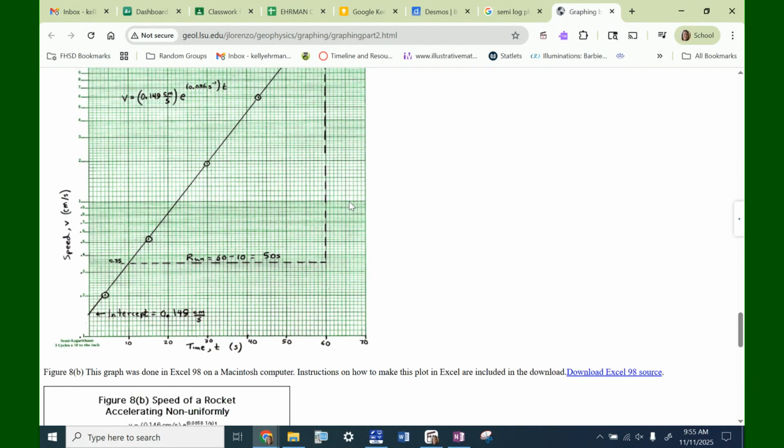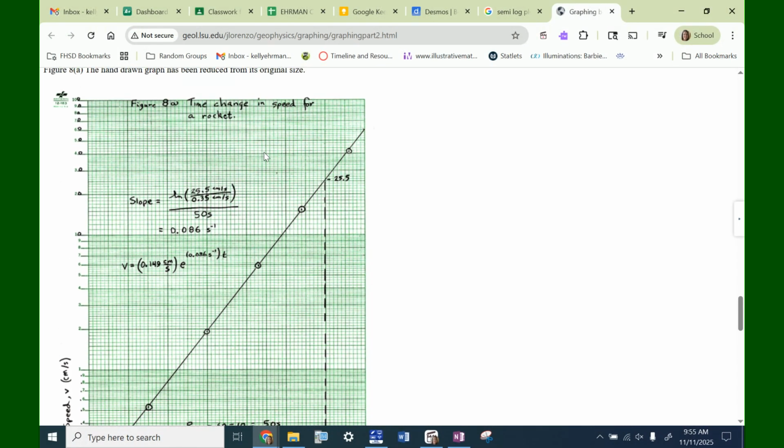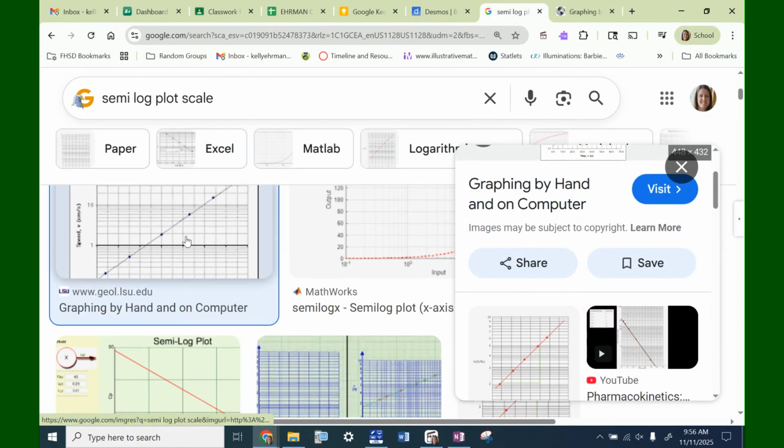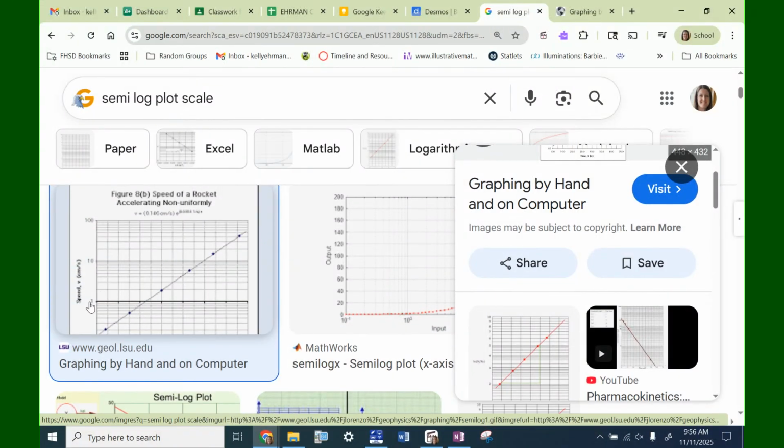But when I'm in AP Classroom and I'm given multiple choice questions asking which one is the semi-log plot of this set of data, I'm just looking for the one that has a scrunched down, for lack of a better word, scale. Oh, here's one where you can see it a little better. See how it goes from 1 to 10 to 100, just like ours did? But instead of having nice boxes that are the same width, it starts off with a wide box and then scrunches down to get smaller to show that we are making a jump from 10 to 100.